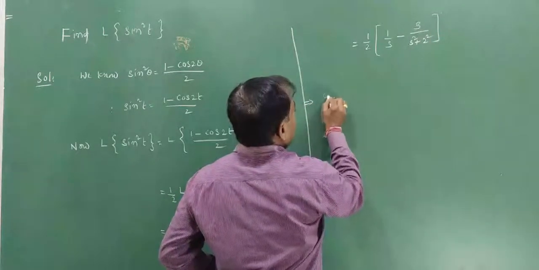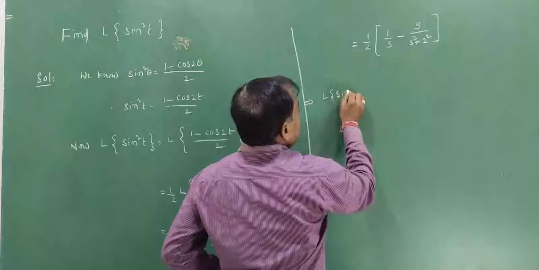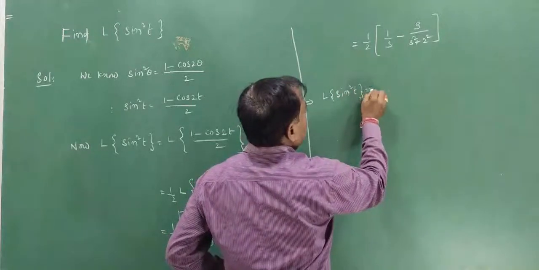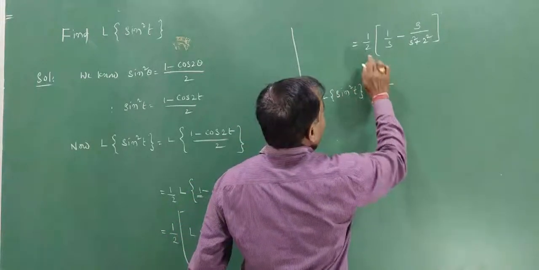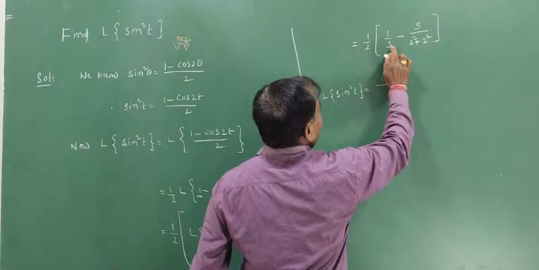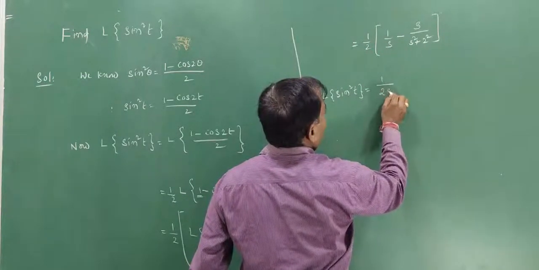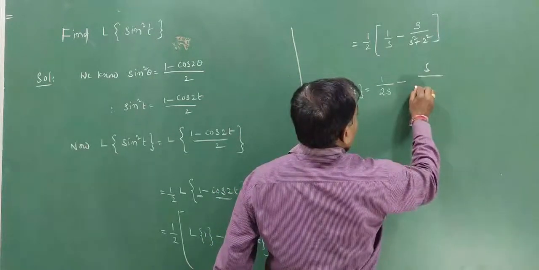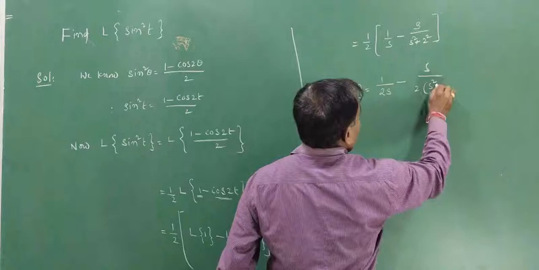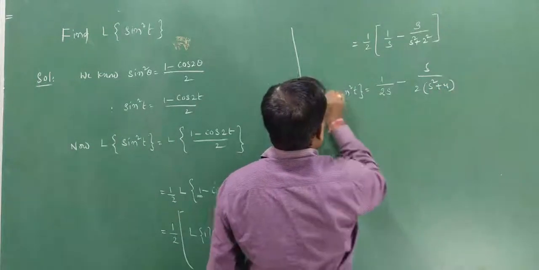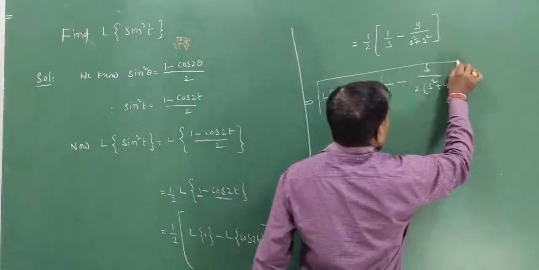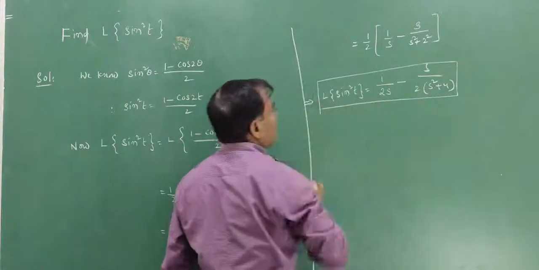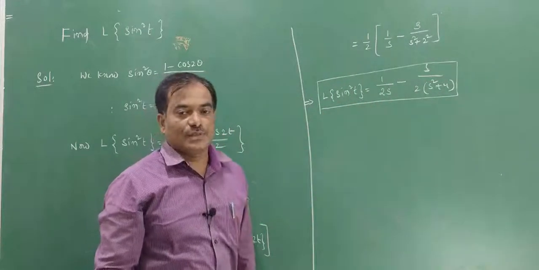So finally, the Laplace transform of sine square t equals 1 by 2, which multiplies each and every term. Therefore, 1 by 2s minus s by 2 times s square plus 4. This is the process of finding the Laplace transform of sine square t.